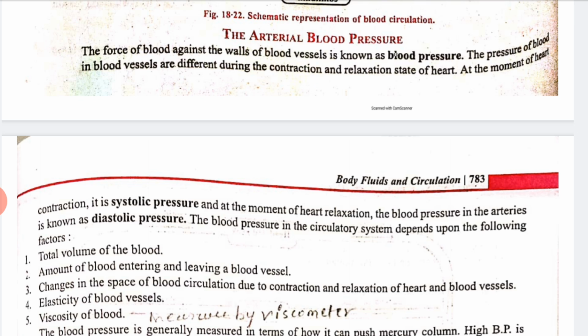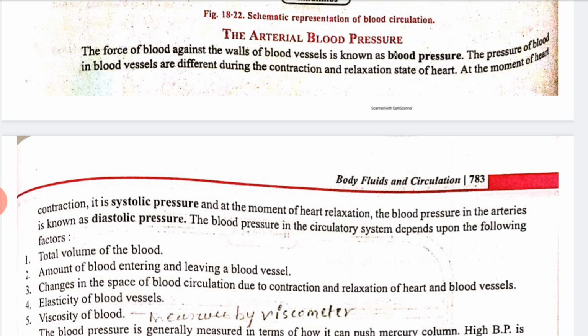The blood pressure in the circulatory system depends upon the following factors: the total volume of the blood, the amount of blood entering and leaving a blood vessel, changes in the shape of blood vessels due to contraction and relaxation of the heart and blood vessels, elasticity of the blood vessel, and lastly viscosity of the blood, which we can measure by the viscometer.